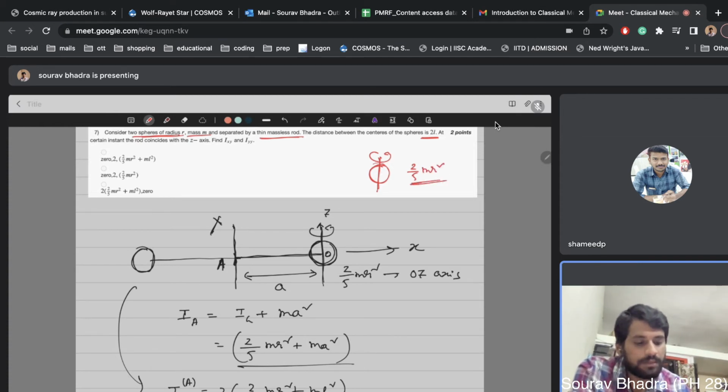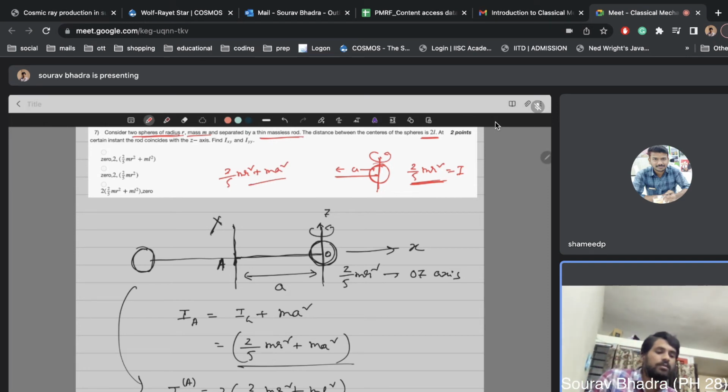Now if we want to calculate the moment of inertia at a distance A from the center of mass, the moment of inertia will be 2/5 mr squared, which is the intrinsic inertia of the sphere, plus mass times the square of the distance of the point where we are measuring the moment of inertia from the center of mass.